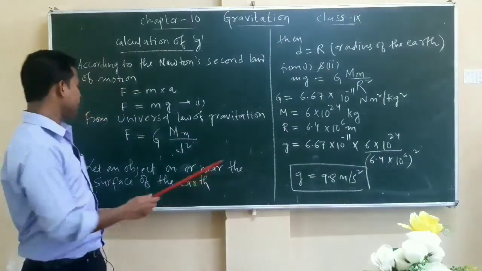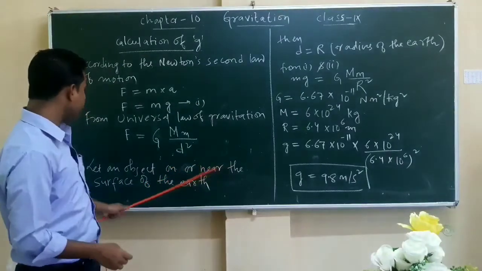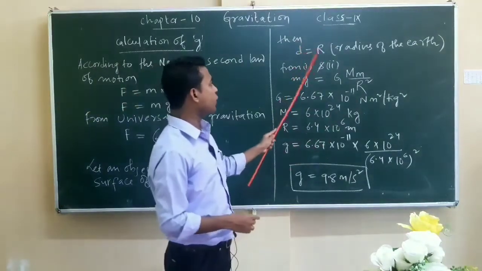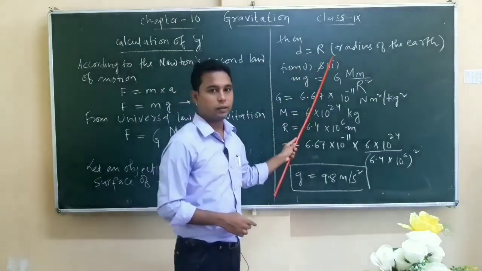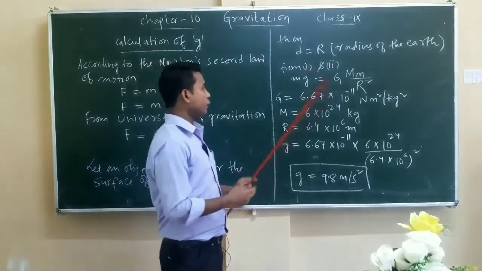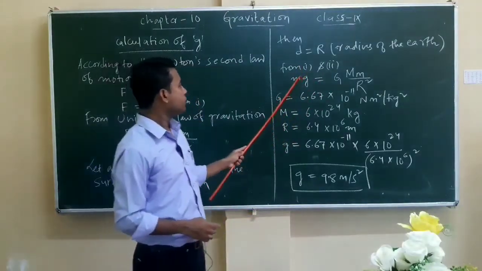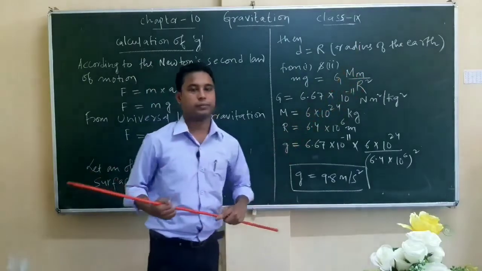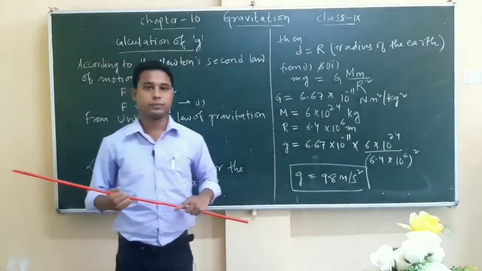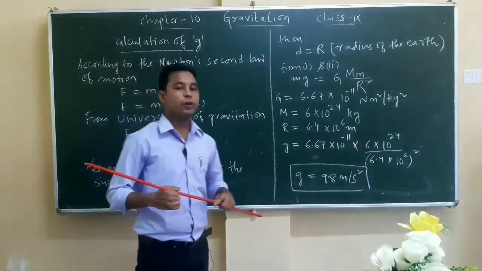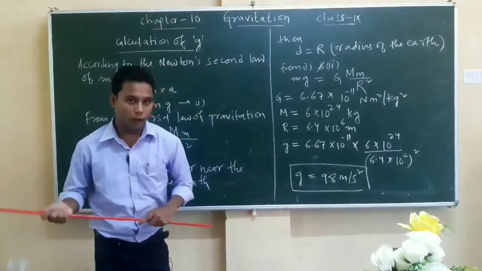Let an object be on or near the surface of the earth, then d is equal to R, that is the radius of the earth. Now from 1 and 2, mg is equal to G M into m by R square. So from this we can find the value of g near the surface of the earth.